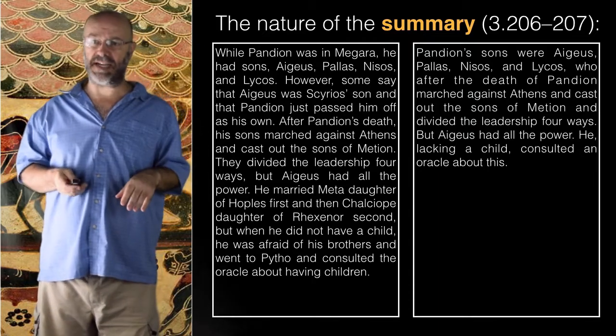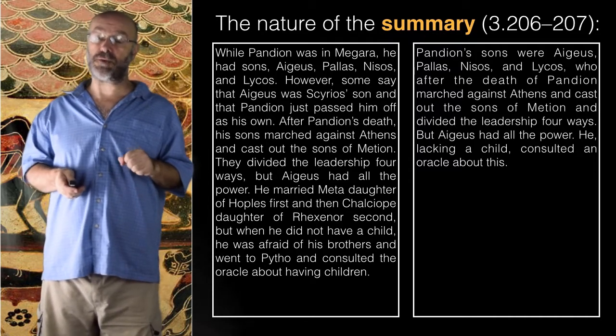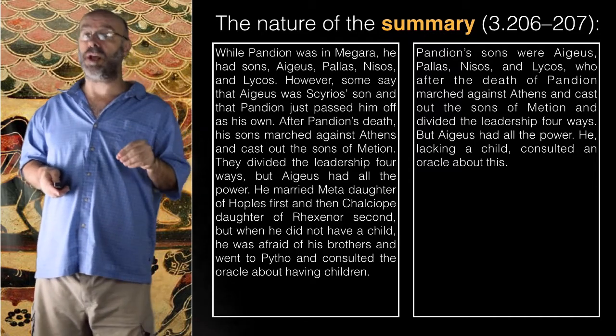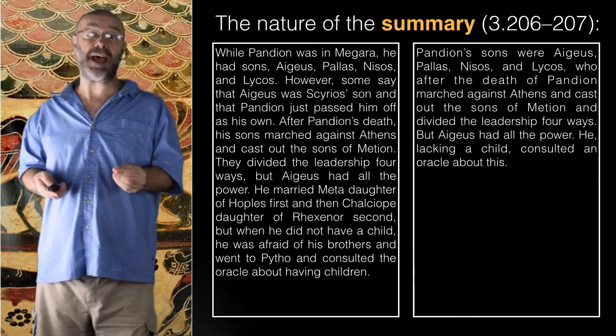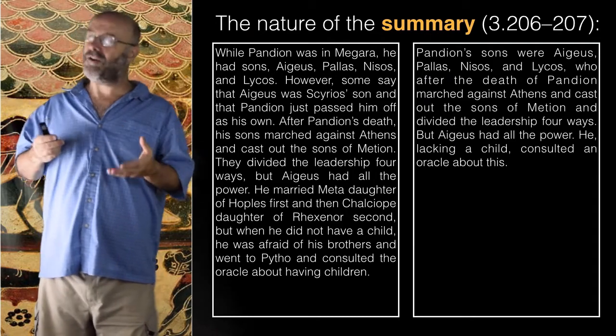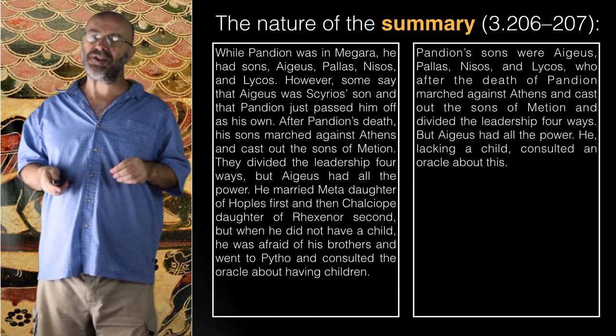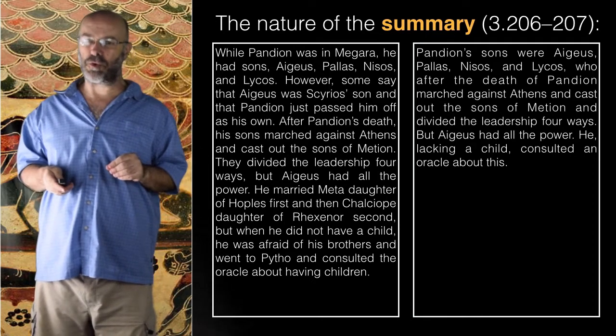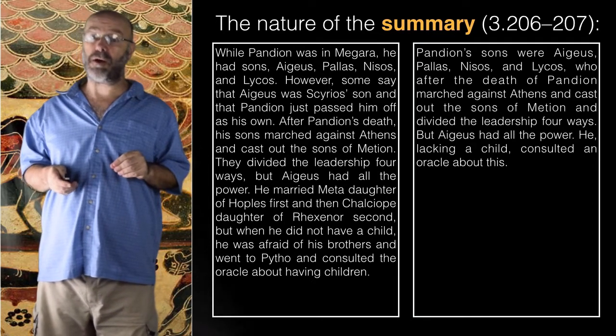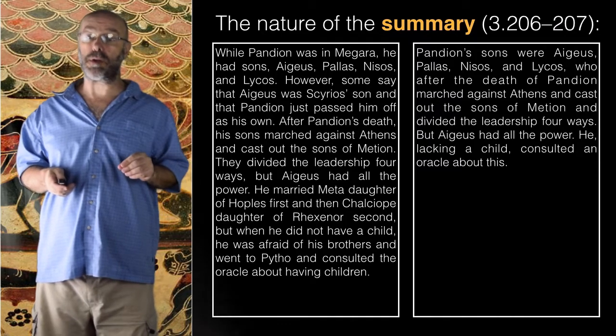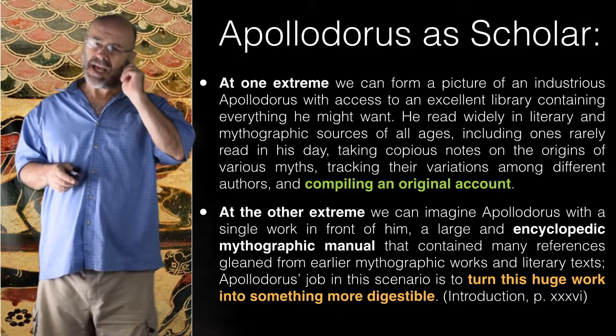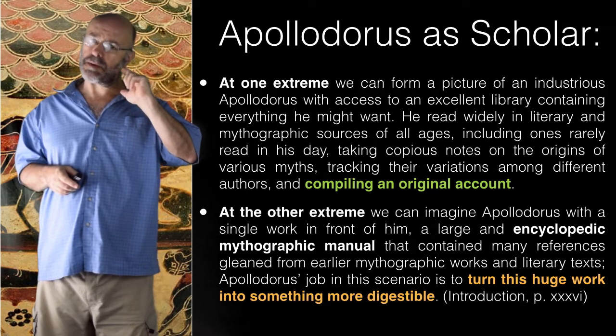So I won't go into detail there. And again, you can pick that up from the introduction. I should say that much of what I say in this lecture, you can take as an epitome of what you will find in the introduction to the printed Apollodorus and Hyginus texts that we're using in this course.